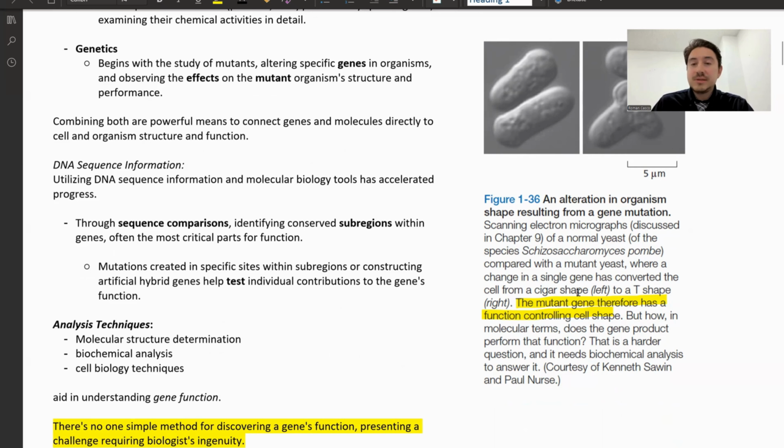Here a single gene is mutated, changing the shape from a cigar shape to a T shape. So the mutant gene has a function controlling cell shape, right? And this is what I was talking about: if you alter a particular gene, you can understand its function by the consequences, by the effects. Okay.